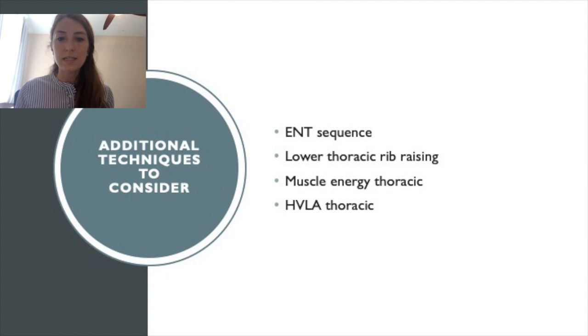This will be a good technique to help those patients out. We can focus also on lower thoracic rib bracing that I mentioned before, muscle energy in the thoracic area, HVLA in the thoracic area. So I didn't really touch on those techniques, but if you have those techniques in your pocket that are easily accessible for you to use on your patients, I would definitely encourage that.